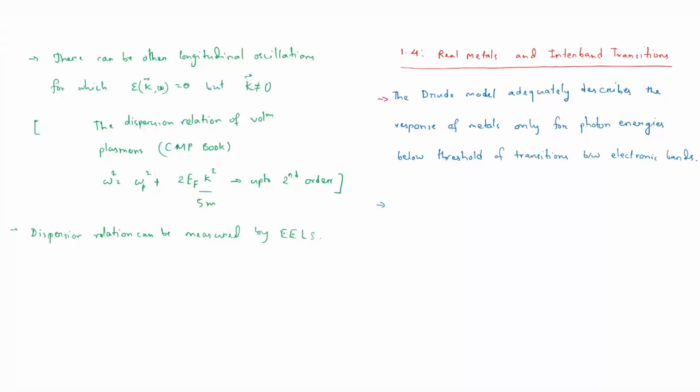When we consider gold and silver, which are the usually known and most widely used plasmonic materials, they have this interband transition and it causes a lot of experimental mismatches.